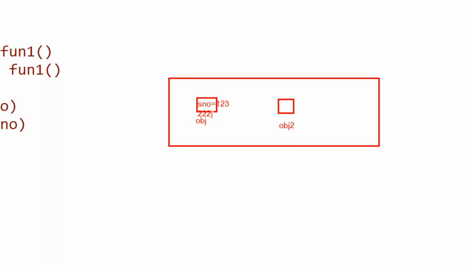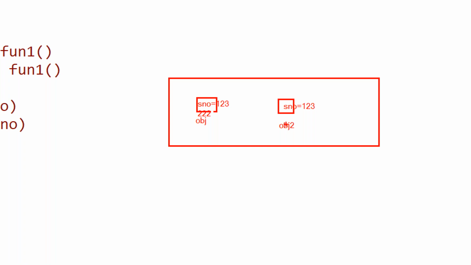Here I'm maintaining 123, so I'm not changing it here. Obj1.serialNumber will affect this memory only. It will not affect the other memory location. So that is the concept.